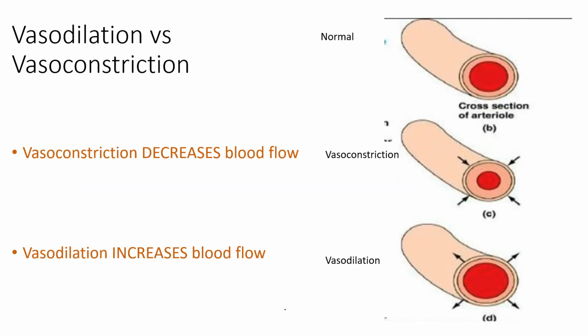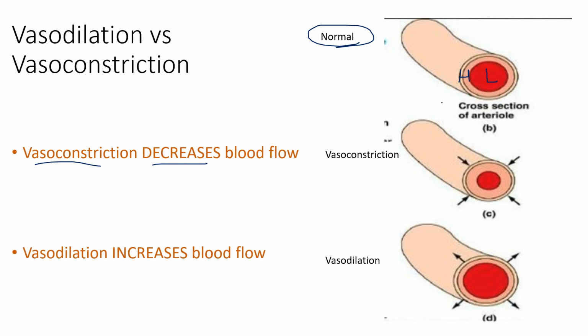You do need to know the definition of vasoconstriction versus vasodilation. Vasoconstriction is going to ultimately decrease blood flow. If you're looking at normal, you can see that red area, that's the lumen. That's where the blood is actually passing through. And then you have the wall of the blood vessel represented in that beige color.